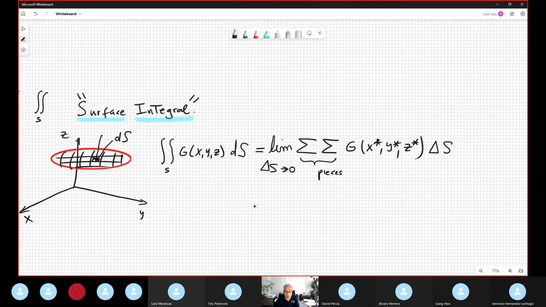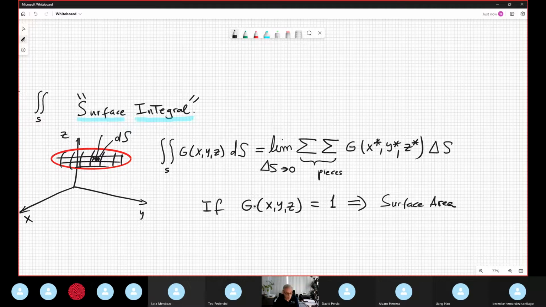But it's important to say something more about the definition. If the function g of x, y, z is equal to 1, the answer of the surface integral is the surface area. Okay, and you declare it like that: the surface integral of 1 dS is equal to the surface area.